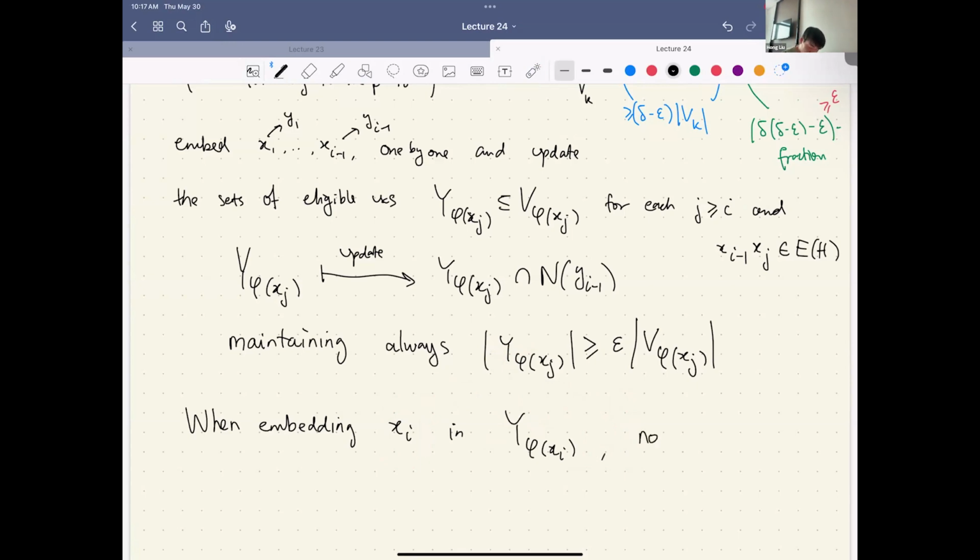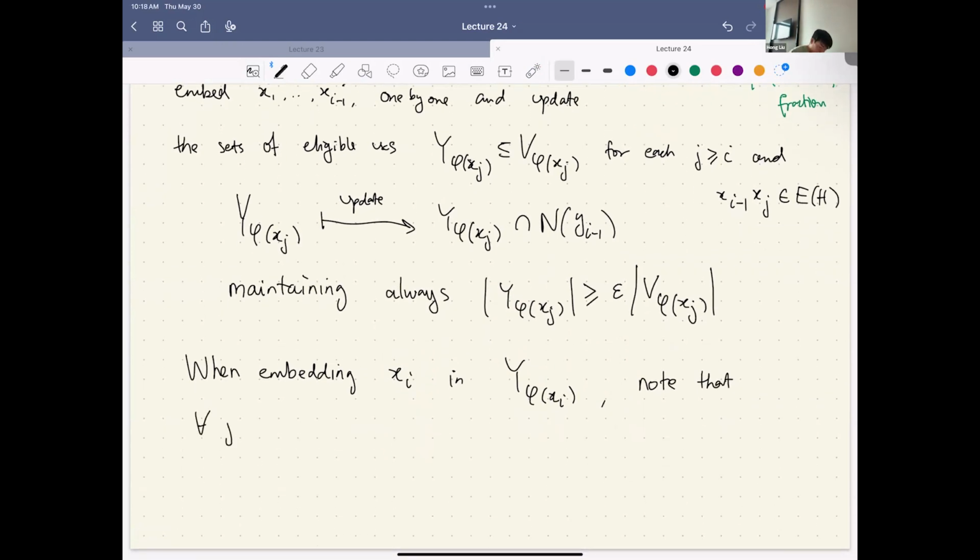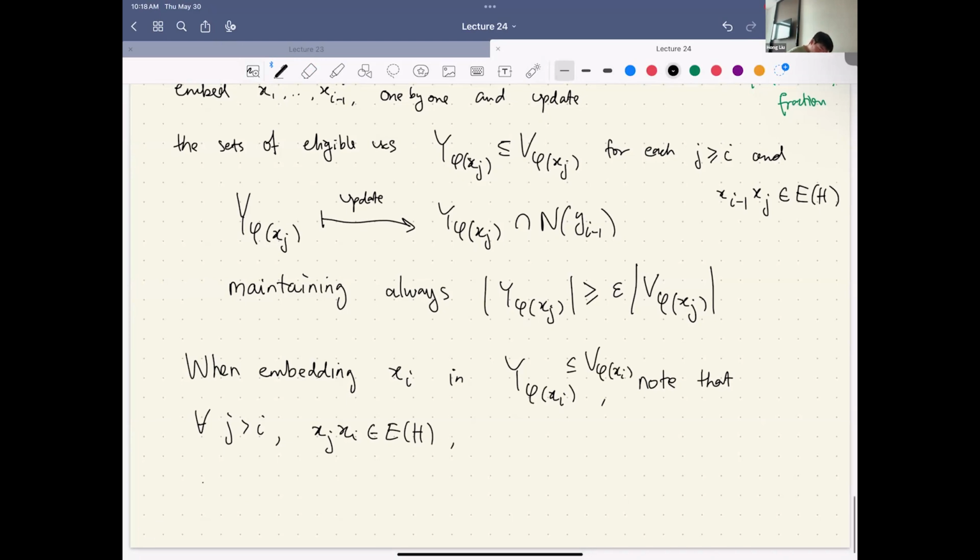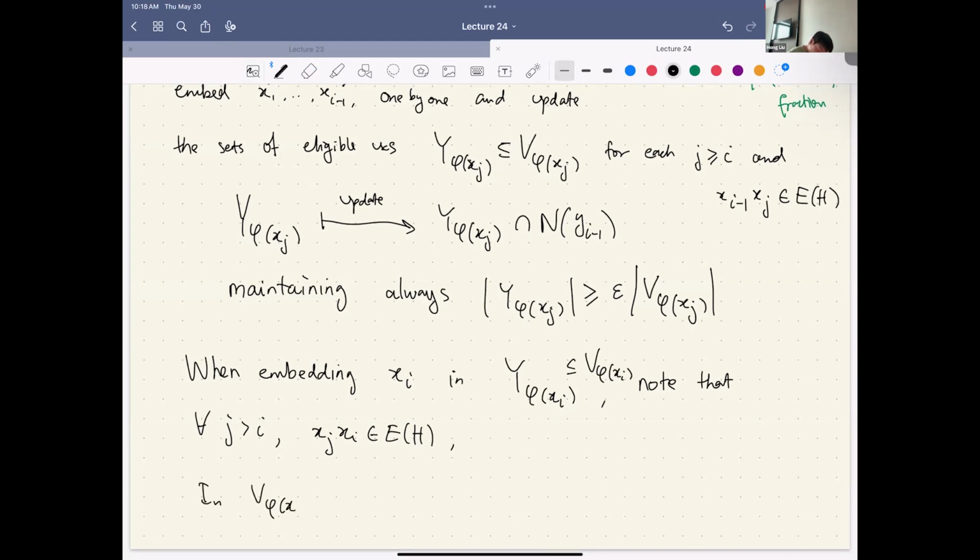Then we just need to notice that for every j bigger than i with xi, xj in H, this is inside V of V_{xi}.